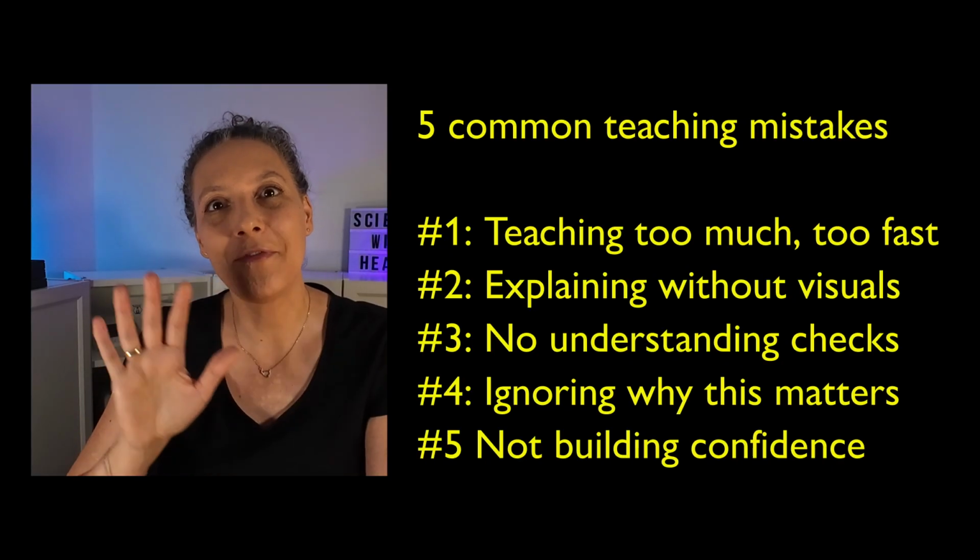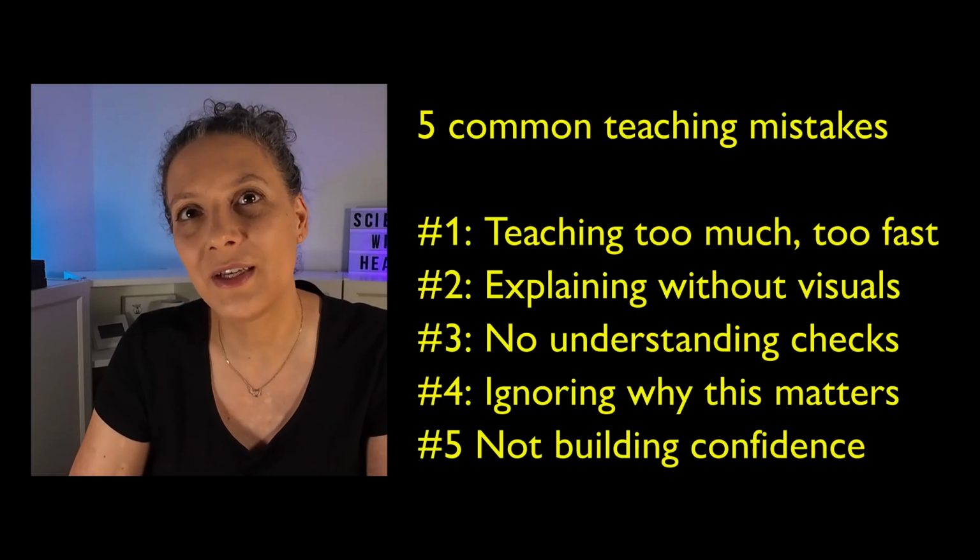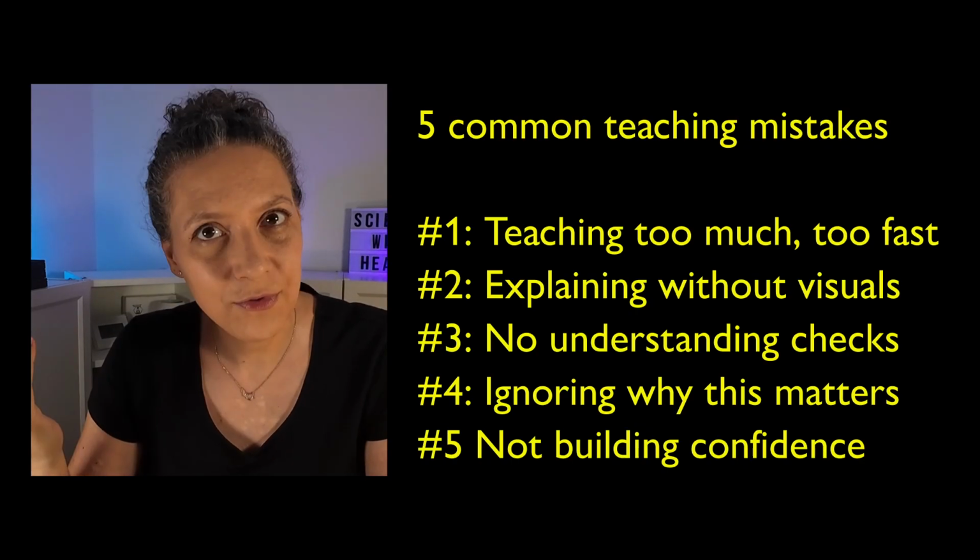Things like that you can only do if you encourage them to work with their own thoughts, which might sometimes not be the right answer. Normalize struggle. So these were the 5 common mistakes in life science teaching and how to fix them.